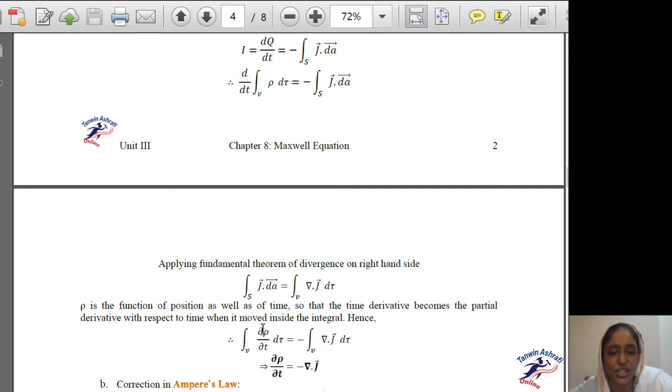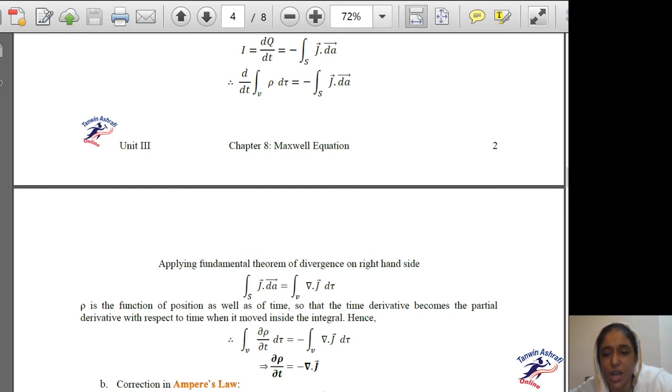That means the integral of partial rho by partial t d tau is equal to minus the integral of del dot J d tau. Cancelling the volume integration on both sides, we have partial derivative of rho with respect to time equal to minus del dot J. This is the continuity equation.